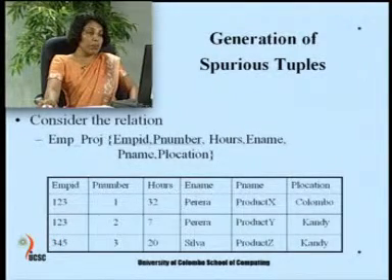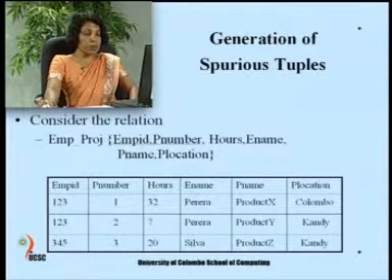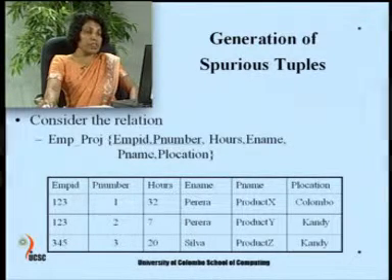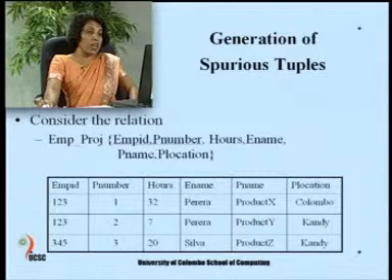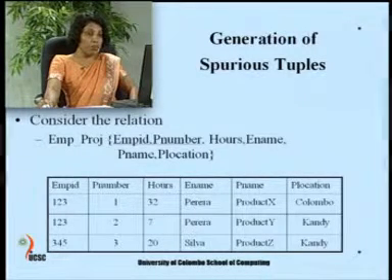So, again we consider another relation to illustrate this situation, the generation of spurious tuples. Let us consider the relation employee project, and there you have attributes called employee ID, project number, hours, employee name, project name and project location.